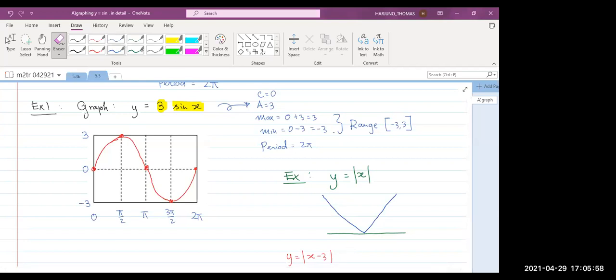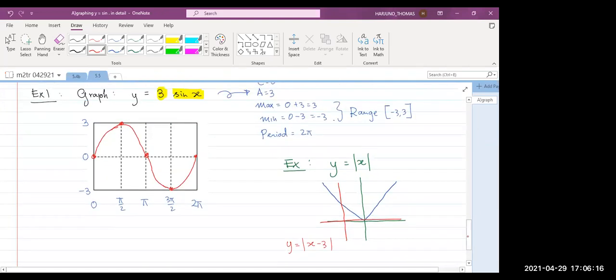Instead of moving the graph, absolute of x looks like this. Let's move the frame instead. You see? Now the thing is, imagine if you have a hard-to-graph curve. Moving the graph, you need to graph it again.